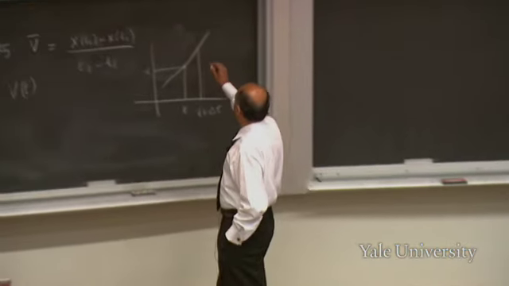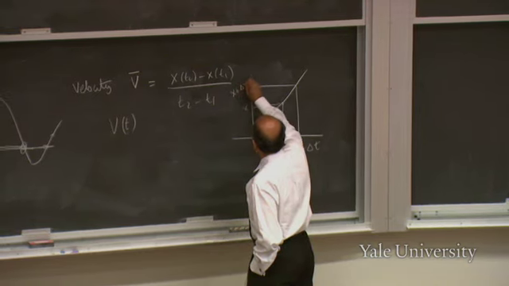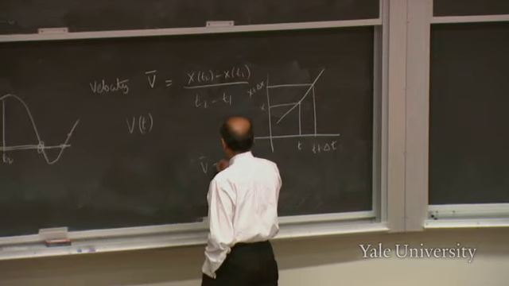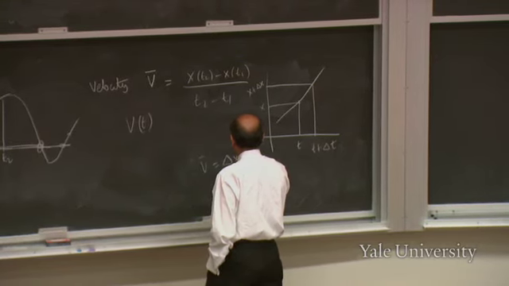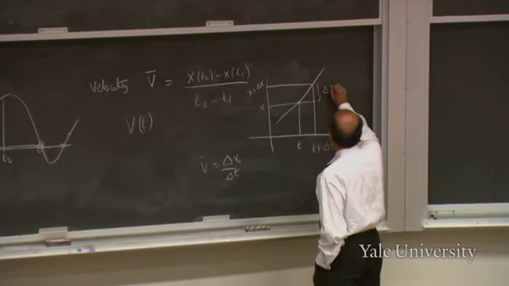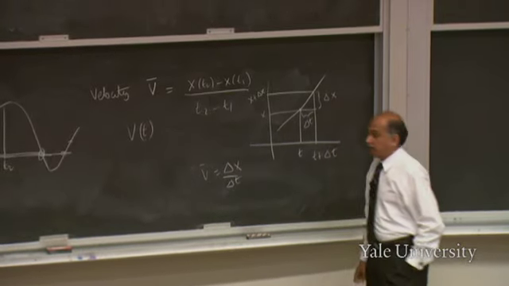So during that time, the particle's gone from here to there. That is x plus delta x. And the average velocity in that interval is delta x divided by delta t. Graphically, this is delta x, and this is delta t, and delta x over delta t is a ratio.